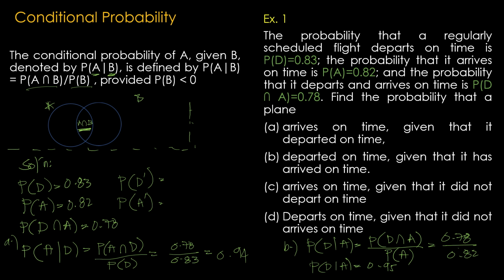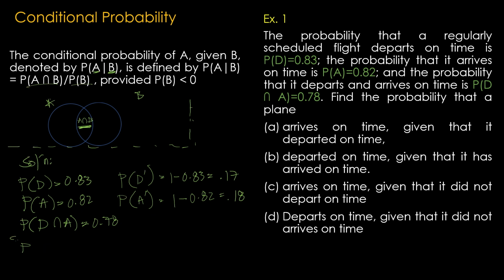If event D is 0.83, it departs on time. For event D prime, it did not. So that would be 1 minus 0.83, and that would be equal to how much? That's 0.17. And for the complement of event A, that would be 1 minus 0.82. That would be 0.18.